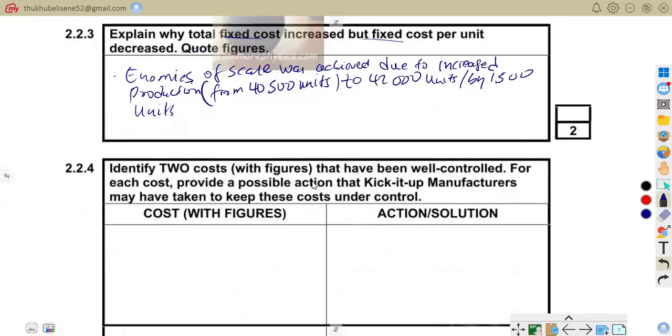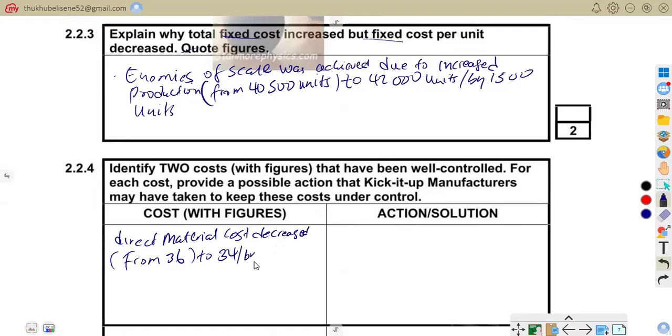Let us answer them. So like we've said, the direct material cost decreased from 36 rand to 34 rand.